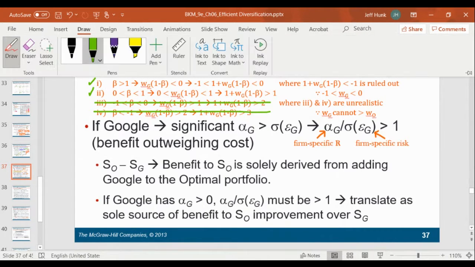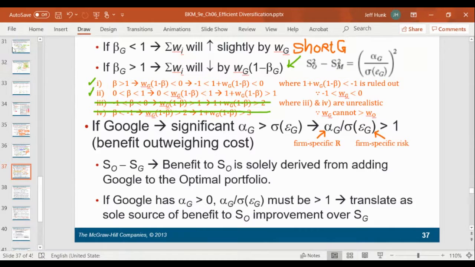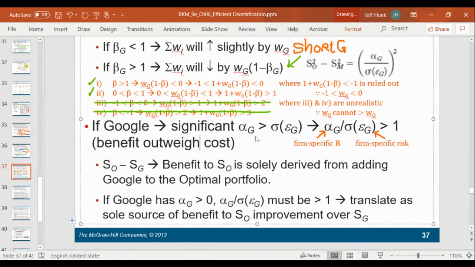It doesn't have to be in a participle form, just: benefit outweighs cost.